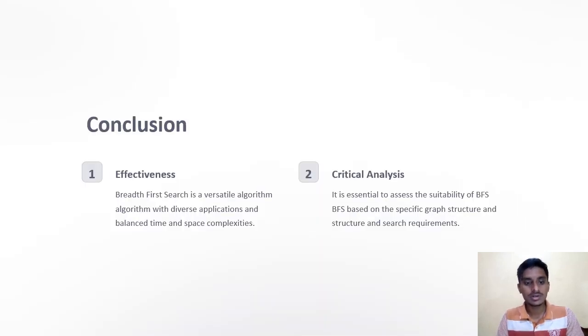Breadth first search is a versatile algorithm with diverse applications and balanced time and space complexity. And in critical analysis, it is essential to assess the suitability of BFS based on the specific graph structures and search requirements.